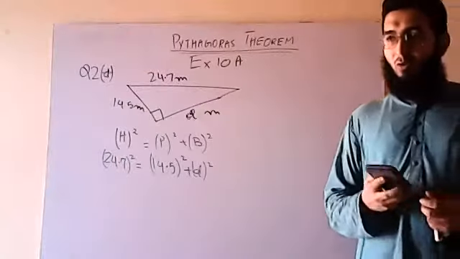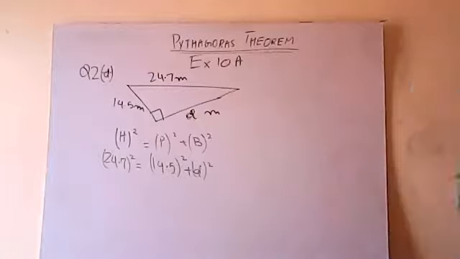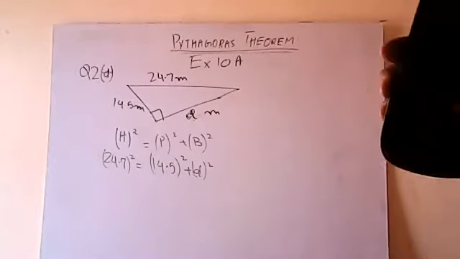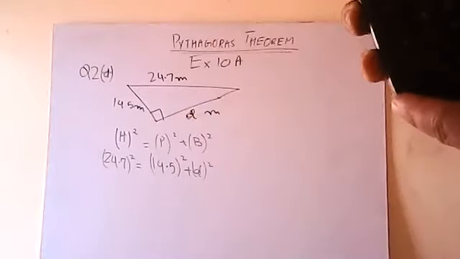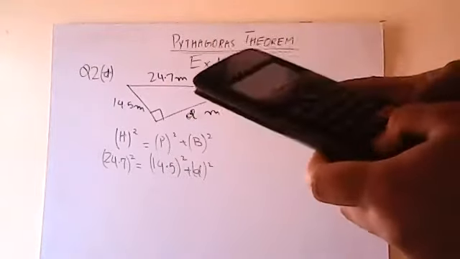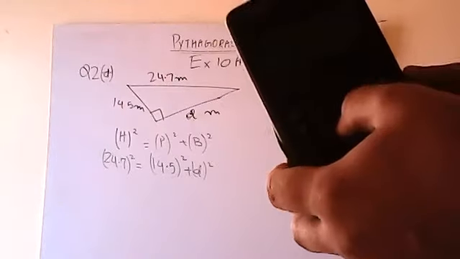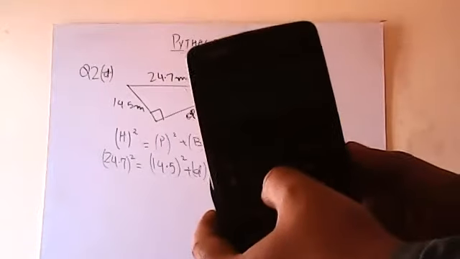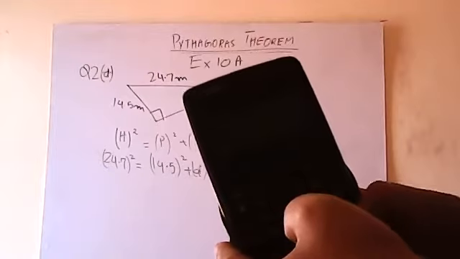For the people who do not know how to use a scientific calculator, let me show it to you. For the square of it, I write 24.7 first, and there is an x square button, so I press x square and get the square of it.